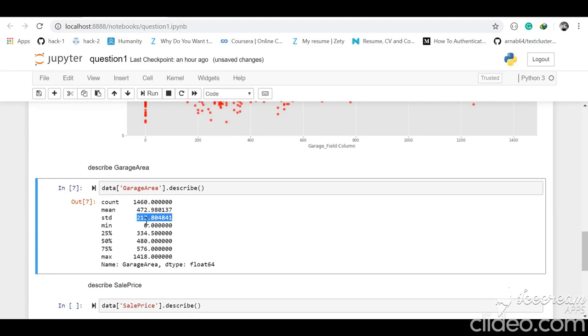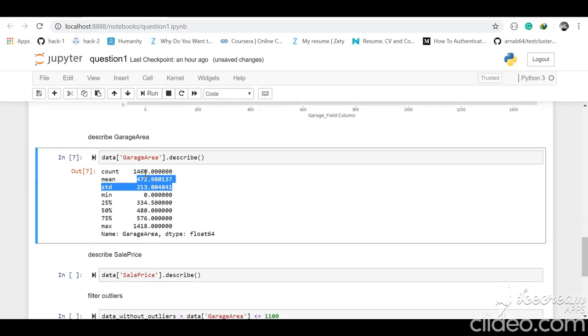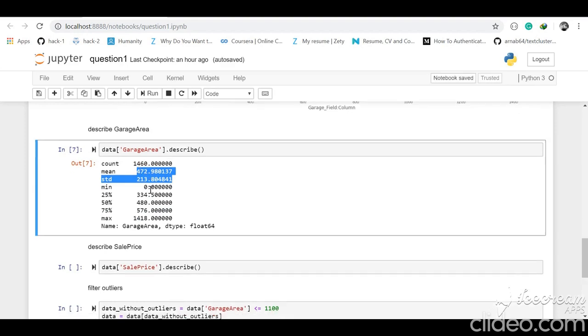So we could say that 472 plus or minus 213 approximately is where most of the data points are concentrated. 472 plus 230 is about 800.